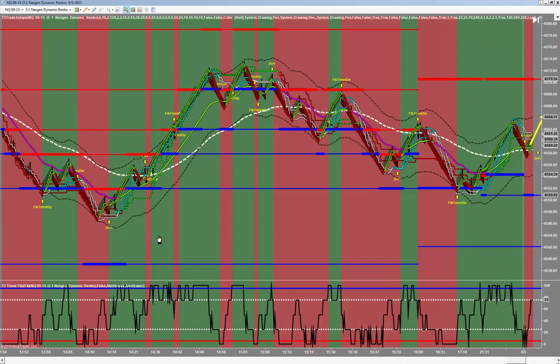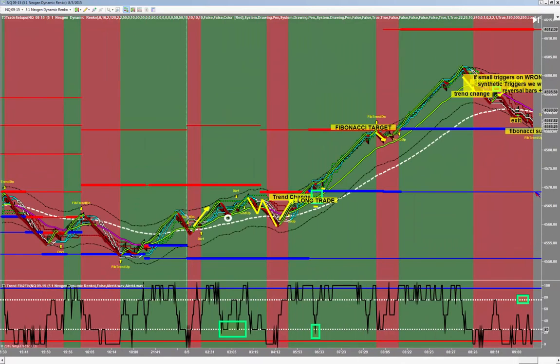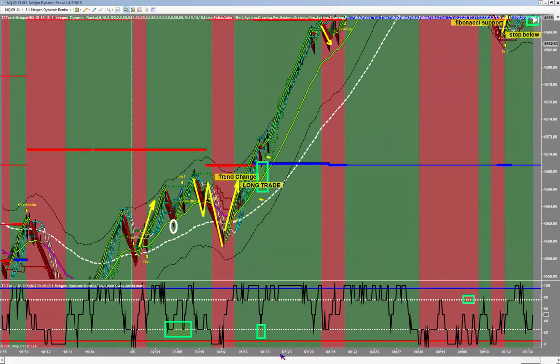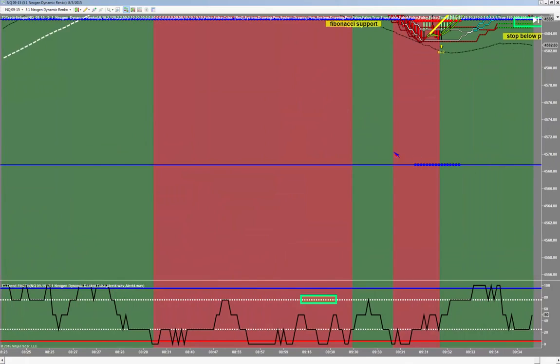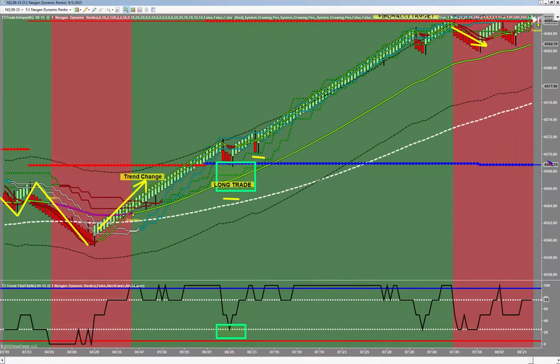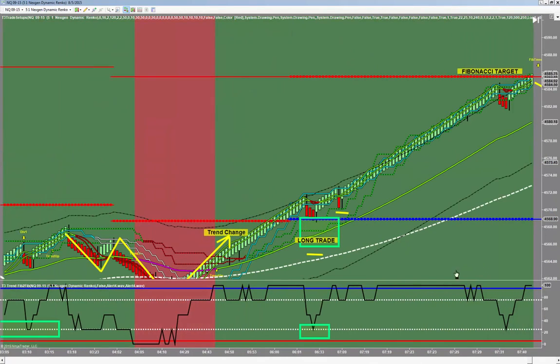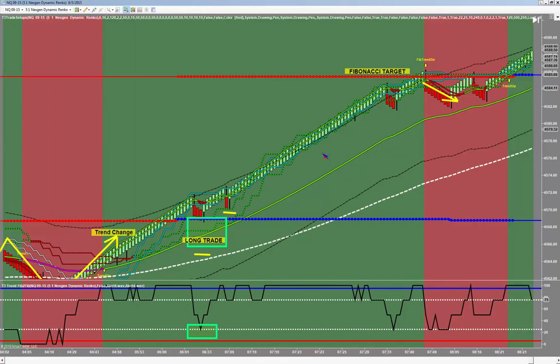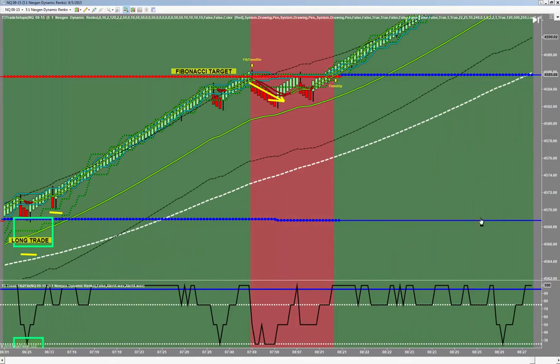We go back to the beginning of the day. Sorry, I kind of blew my chart out there for a second, so bear with me. Right? That was the first long trade of the day. If your goal is to make a couple $100 a contract, you're done before the day even begins with these simple rules. One chart. Right?